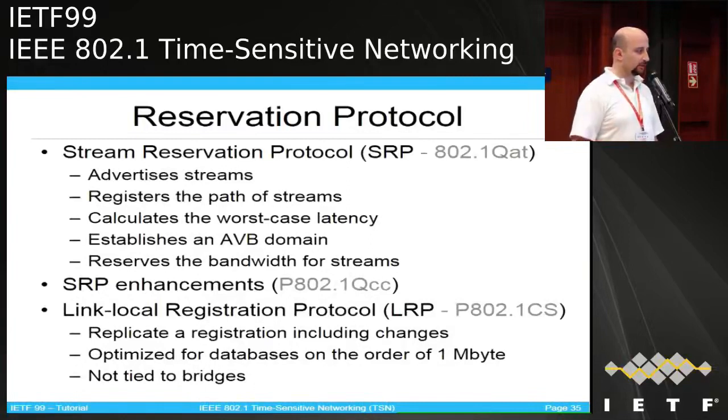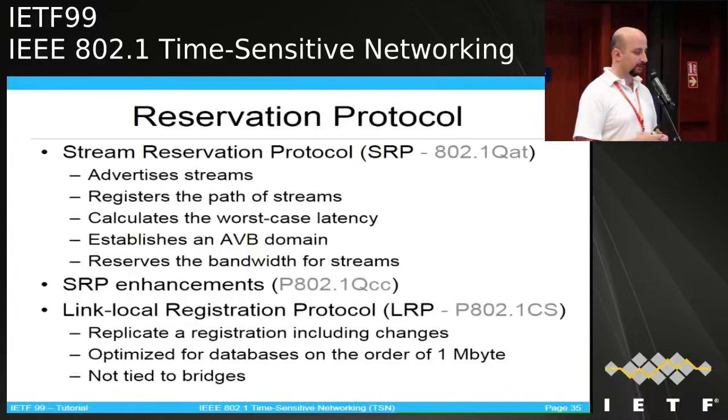This is a distributed protocol that advertises the streams, registers the paths for the streams, even calculates the worst case latency end to end, and establishes the AVB domain that can be used by the stream, so they have the same characteristics or setups in the bridge, and ultimately, of course, reserves the bandwidth for the streams. The 802.1Qcc project also provides enhancements to SRP, the Stream Reservation Protocol.